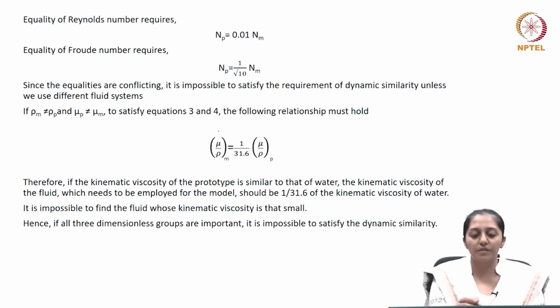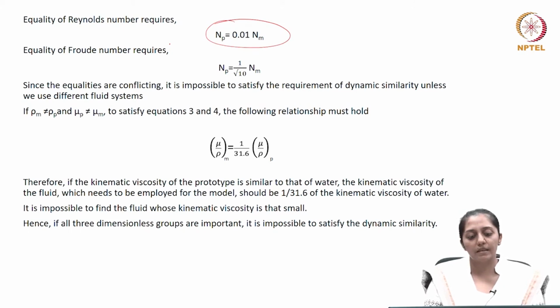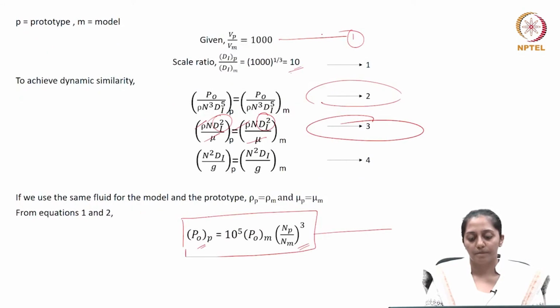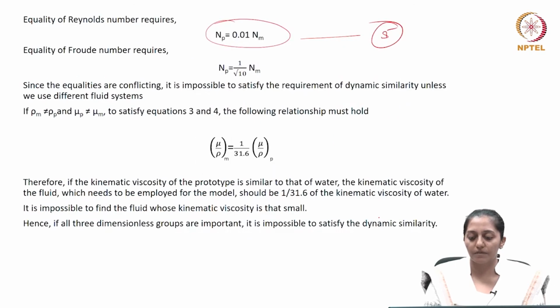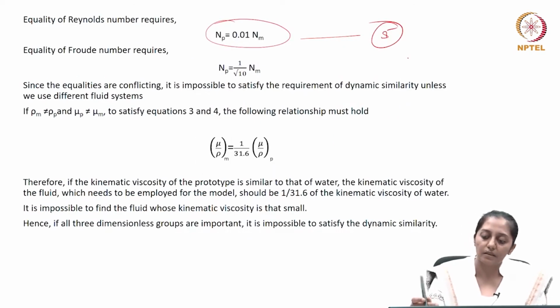So your impeller speeds at the two levels are correlated as given here. We will call this equation 5, and this is equation 6.